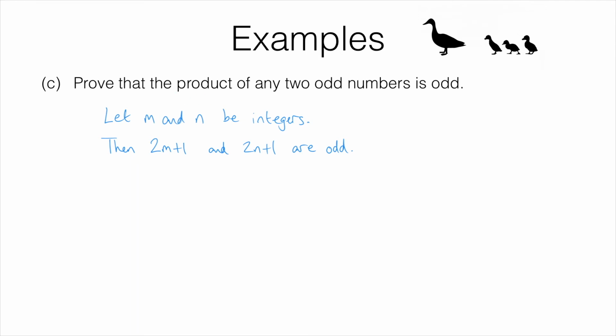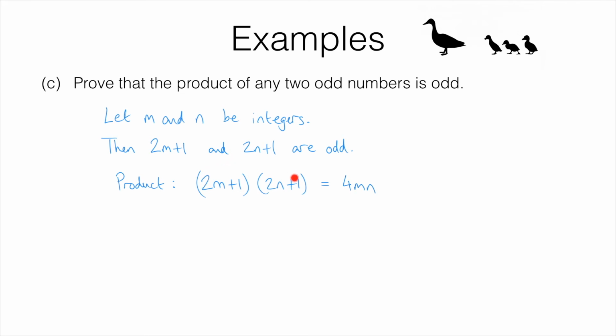What we need to do is prove that the product of these is going to be odd. Remember, product means what you get when you multiply them together. So we have got product, which is going to be 2m plus 1 times 2n plus 1. Again, this is a skill you should have from lesson A4D on multiplying out brackets. This ends up giving you 2m times 2n, which is 4mn.